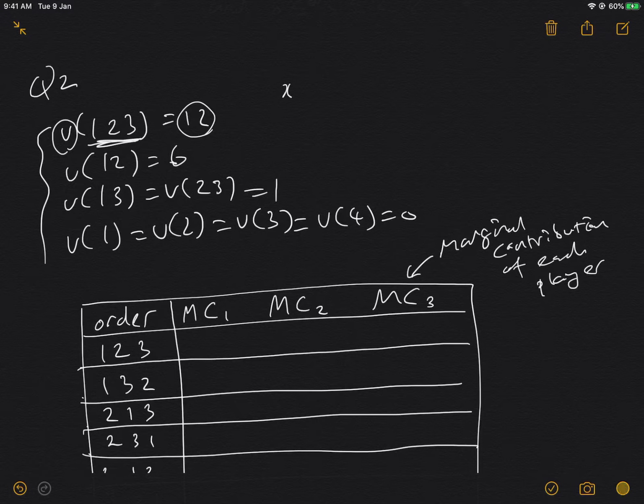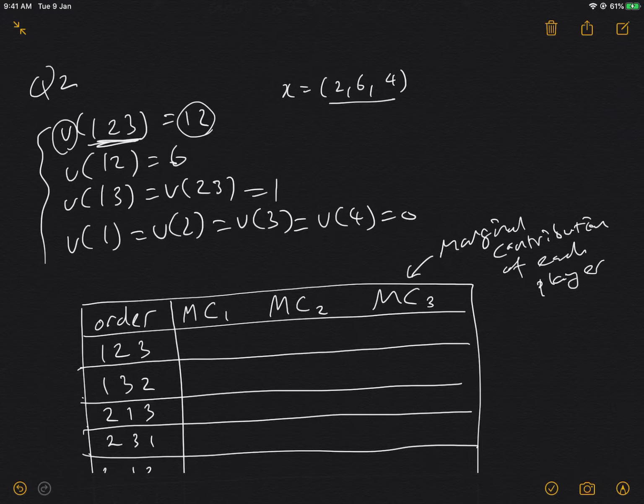So we'd expect that the more marginal contribution they make in total, the more utility they will get. So in the end, we want to have something that looks like 2, 6, 4. They have to add up to 12, so 2 plus 6 plus 4 adds up to 12, right? So that's the utility that they could have got if they were to form a grand coalition.